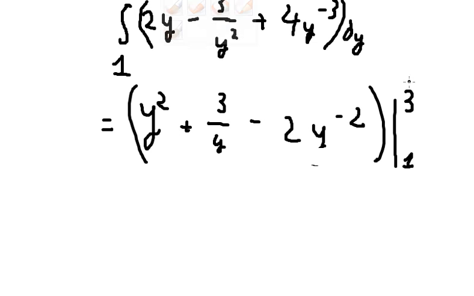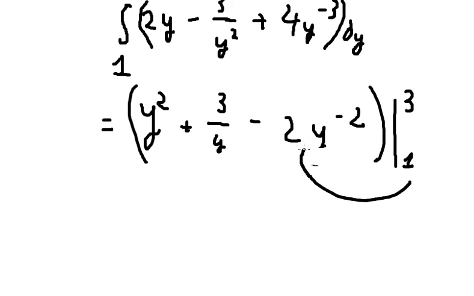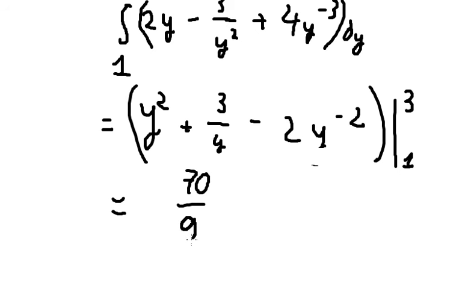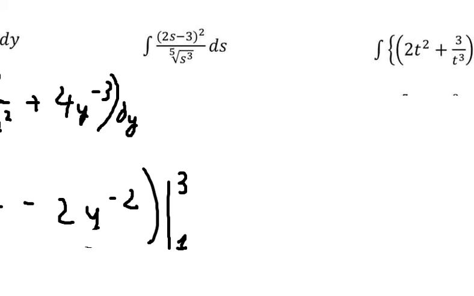So we put the number in here and here. We got the answer in here. That's about 70 over 9. Now let's go to the next one.